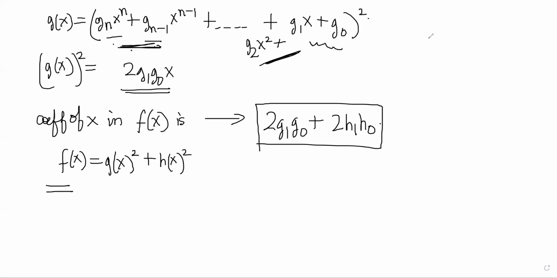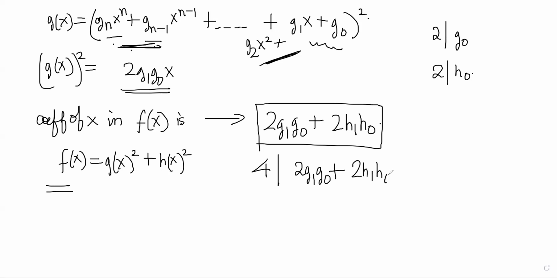Now, if you think about it, we have already decided that 2 divides g_0 and 2 divides h_0 because g of 0 and h of 0 were said to be even. So that means 4 divides 2 g_1 g_0 plus 2 h_1 h_0, because 2 is a factor of this and 2 is a factor of this. So both the terms are divisible by 4. So that means 4 divides the coefficient of x in f of x.